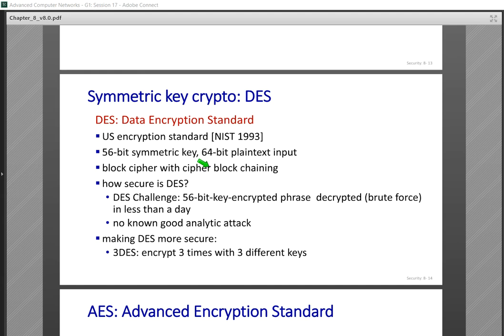So, how can I overcome this problem? We have another strategy that comes from this. We call it triple DES. Triple DES means that I'm repeating the encryption of this strategy 3 times. So we have 3 56-bit keys.